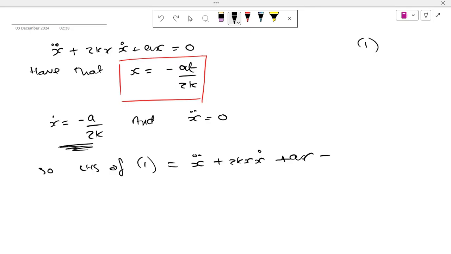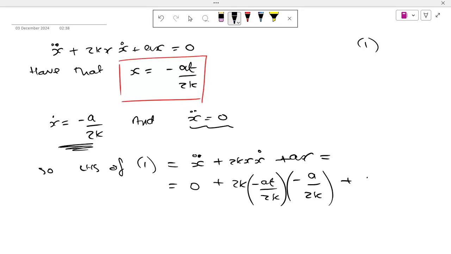Let's just make that clearer. Make it look more like a dot. So x double dot is 0 because we've found that from here, plus 2kx. Well, x is minus at over 2k, times x dot, which is minus a over 2k, plus ax. So what's that come out to be?